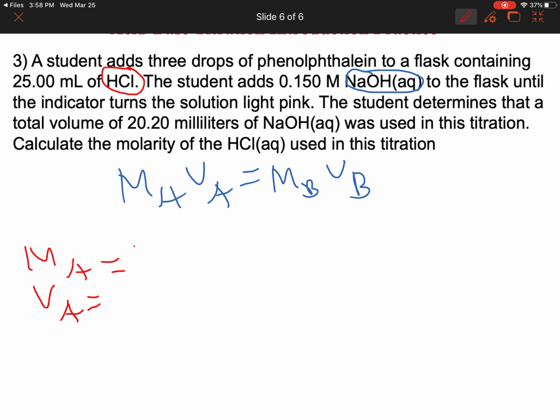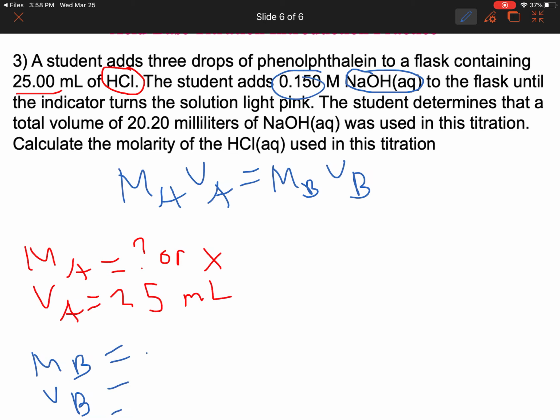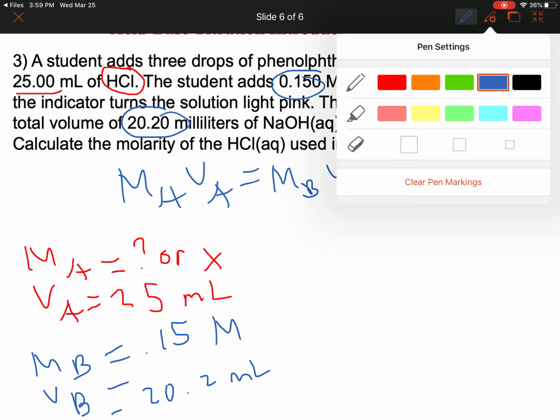In this case, no. That is our unknown, or our X. Our volume of the acid says it right here, 25 milliliters. What about our base? As you can tell, I still haven't gotten a stylus, so bear with me a little bit. The molarity of our base says it in the problem, 0.15. And our volume says it in the problem, 20.2 milliliters.